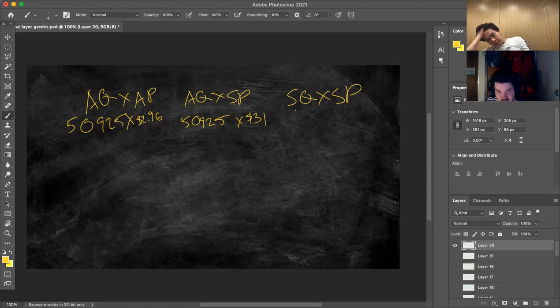And then SQ times SP. So the SQ is, what's that one again? Oh no, the S is flexible quantity and flexible price. Is that what the SQ is?